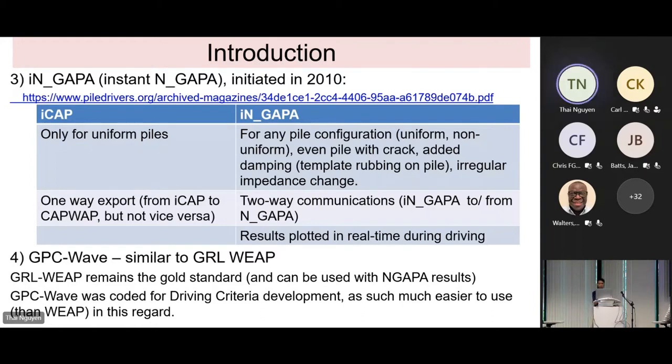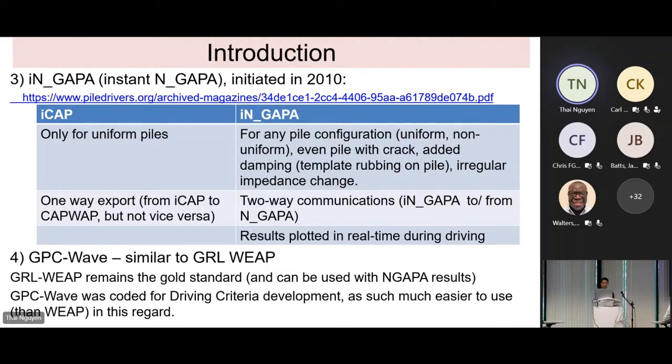And the fourth module is GPC wave, which is similar to GRL whip. Again, whip will remain the gold standard. GPC wave was coded for driving criteria development.